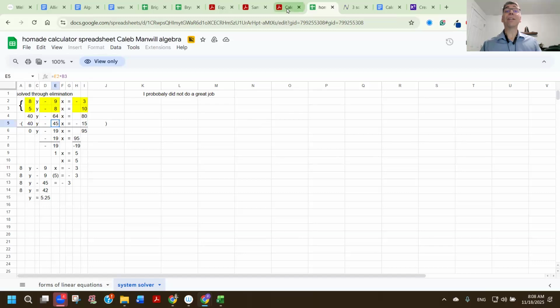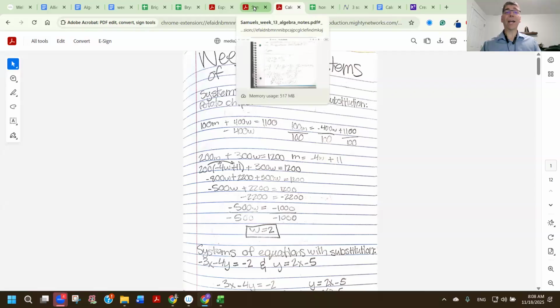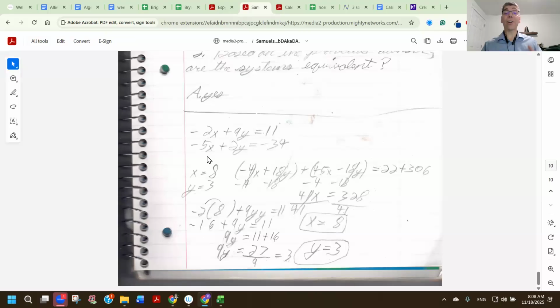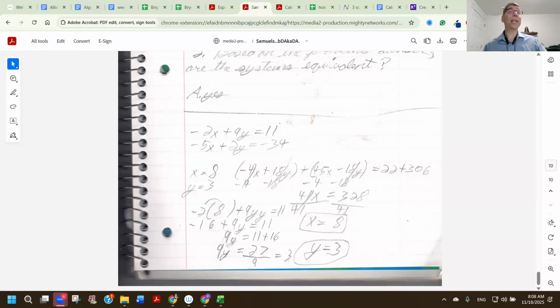Very nice. We have Caleb's notes, very well organized. One of the things my math teacher always told me is to really try hard to be very, very organized in note taking in algebra. When you are working with systems of equations or solving equations, make sure that you have the equal signs aligned.